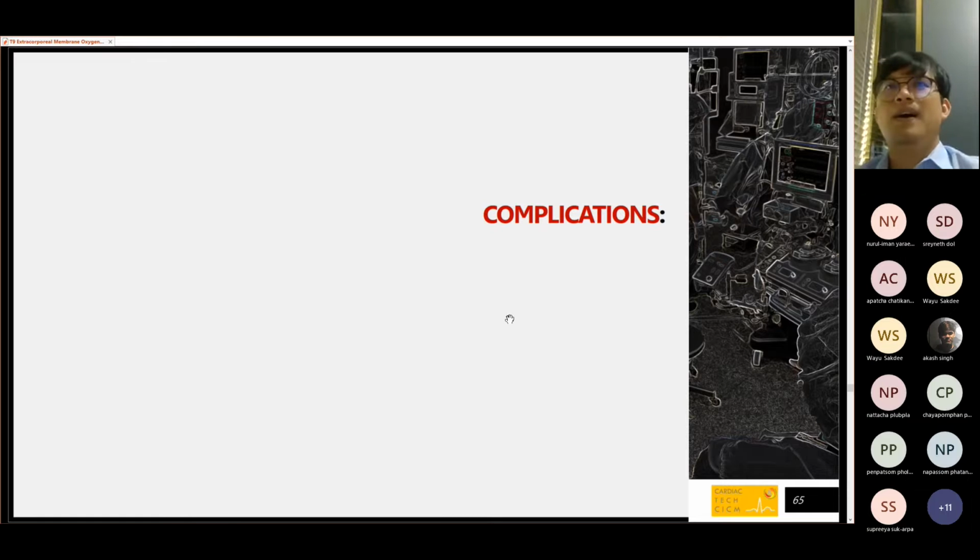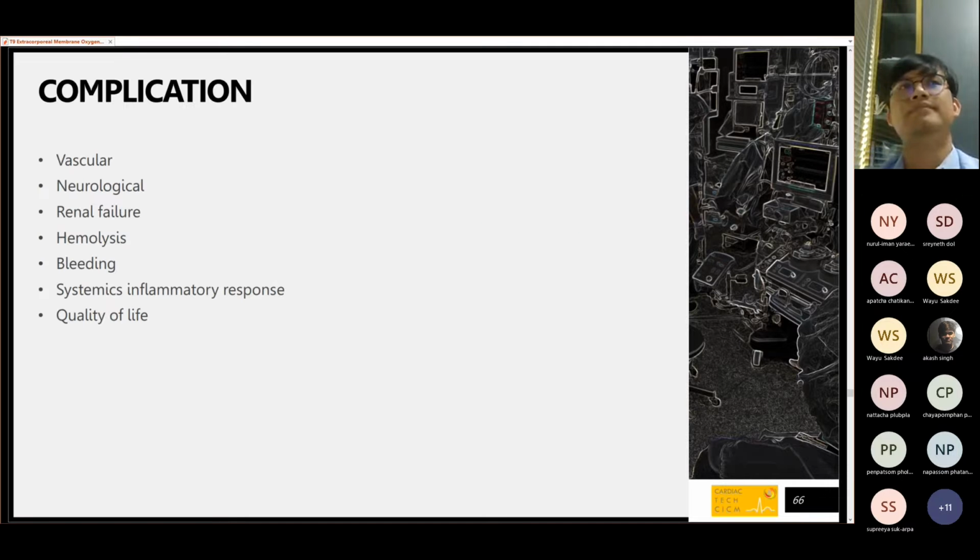Okay, we're going to move on to the complications, which are the thing that we need to be concerned about. The complications mainly involve the vascular system, the brain and the renal system, the same as CPB. However, ECMO takes more time than CPB.